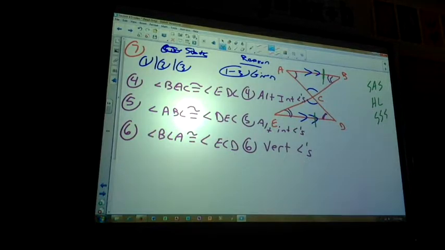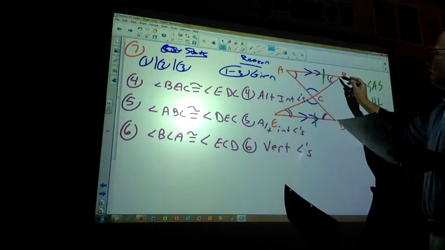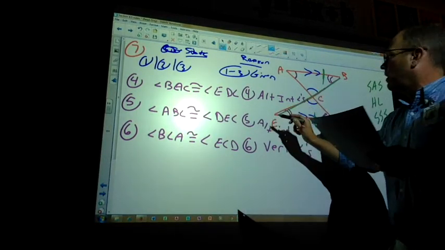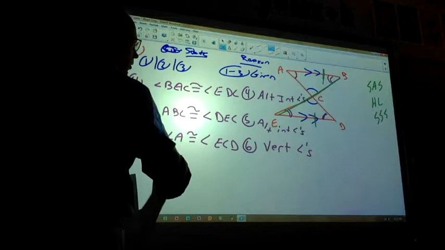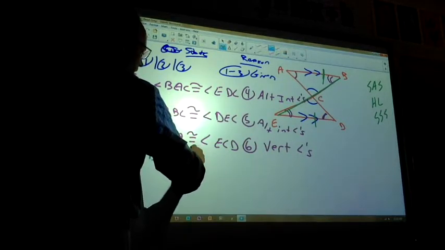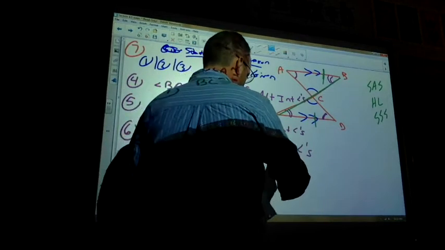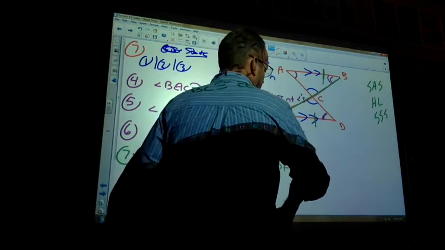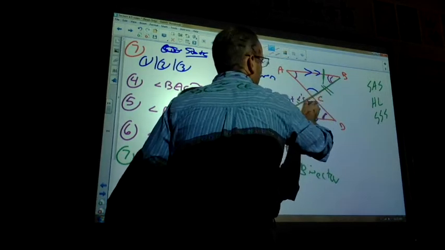And then AD is the bisector of this. So it cuts this right here in half. So then my last statement I need to say is BC is congruent to CE. And the reason I know that is definition of bisector. So that's going to tell me that and that.